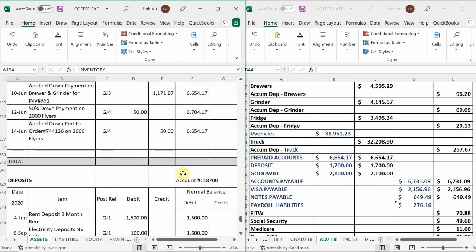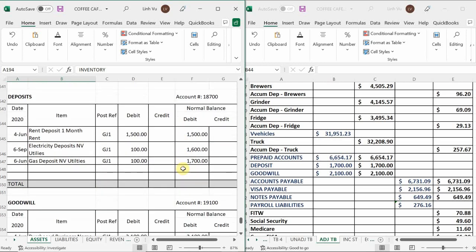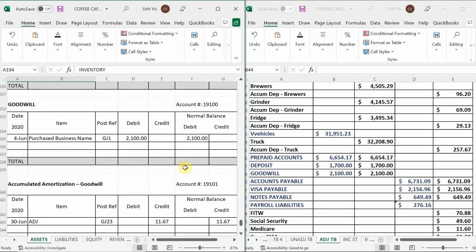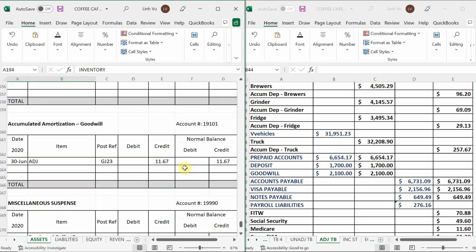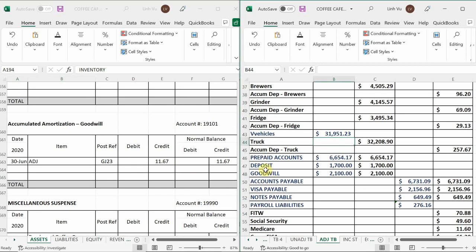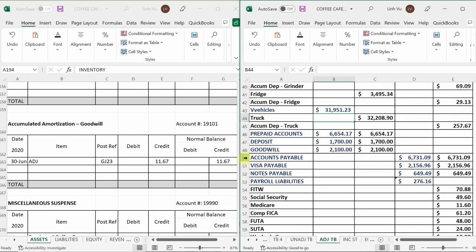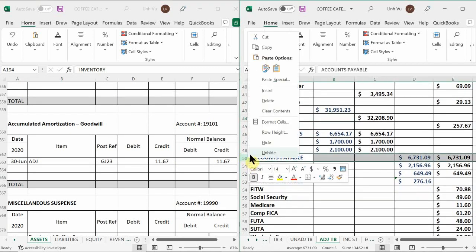Your prepaid accounts is okay. We haven't adjusted there, right? Still at $66,547.17. We have our deposit at $1,700 and Goodwill at $2,100. However, we amortized the Goodwill. So in this case, I need to insert.